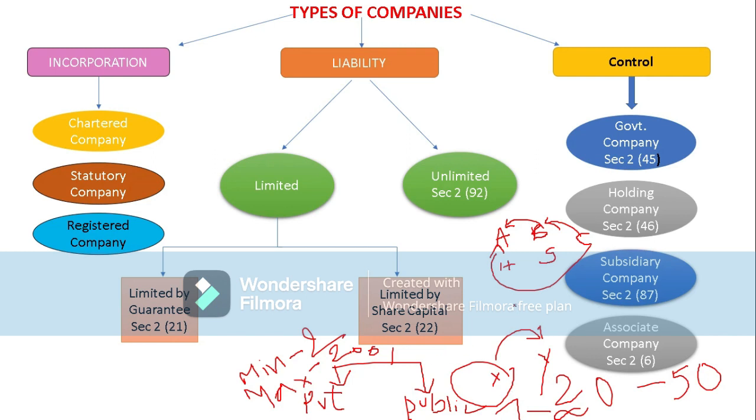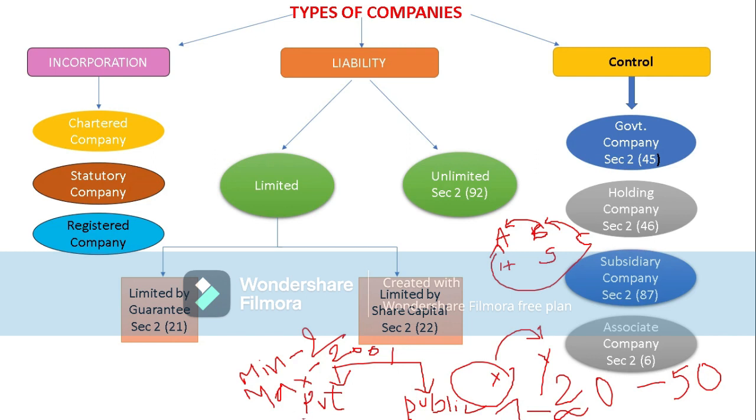So this is the classification under limited by share capital, which in one word is transferability of shares. Under a private limited company we cannot transfer the shares freely, but under a public limited company we can transfer the shares and we can go for public subscription also.